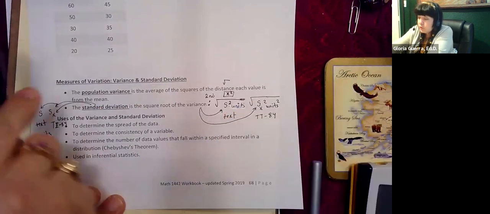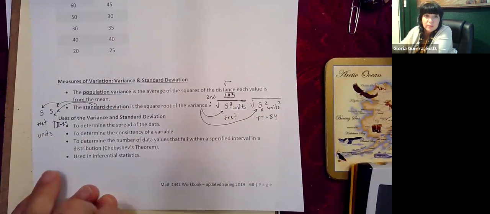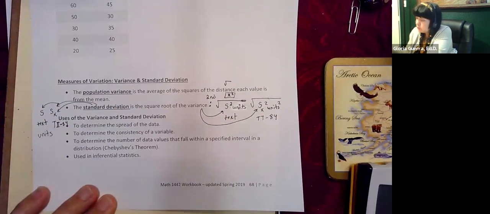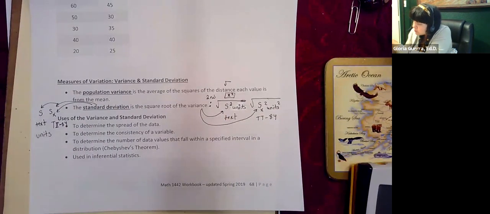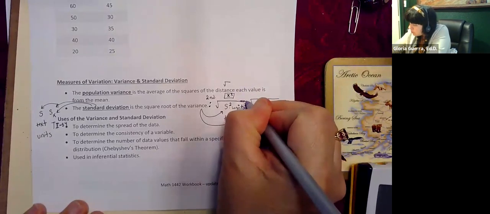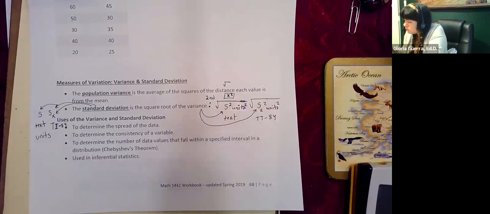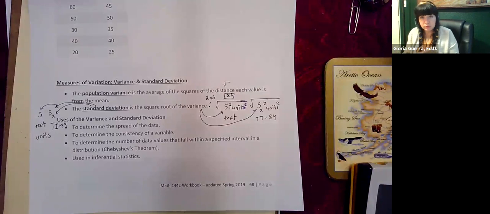And then when you take the square root of units squared, then you just get back units. Okay, so units, units squared underneath this radical. Okay, and we're going to do a problem in a little bit, so I'll show you that in more detail.